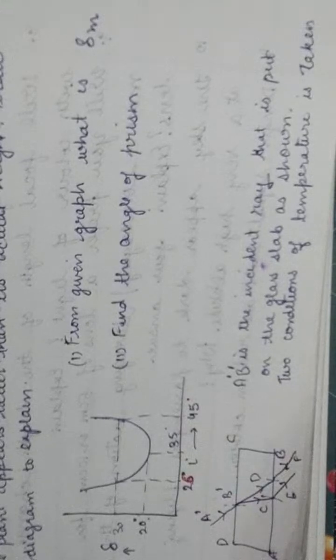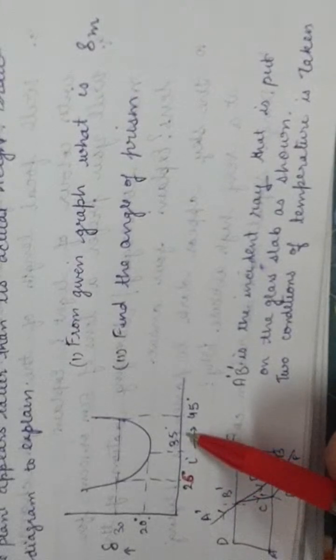One thing you have to remember: at a single delta value, you have two different values of I. If this is the angle of incidence, then the angle of emergence you will take to be 45. Or if you take 45 to be your angle of incidence, then with respect to 45 your angle of emergence would be 25. This you have to remember.